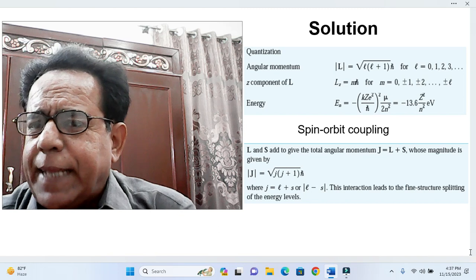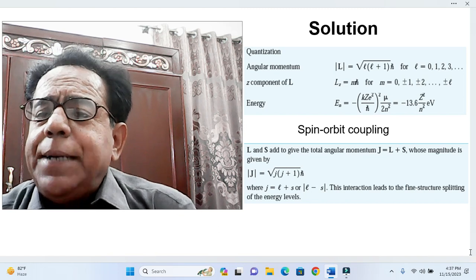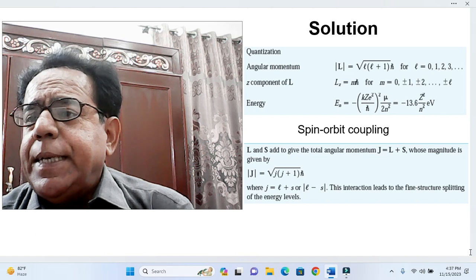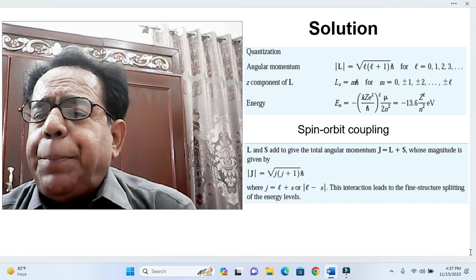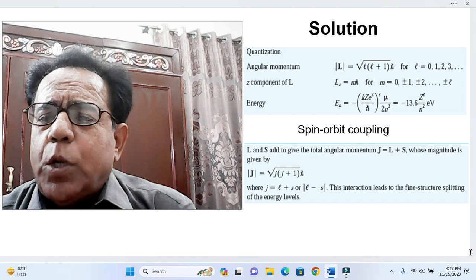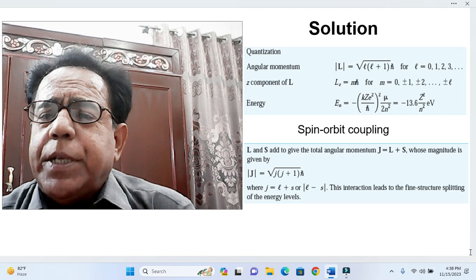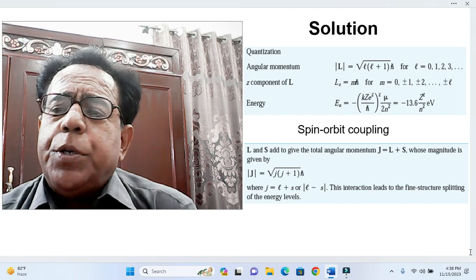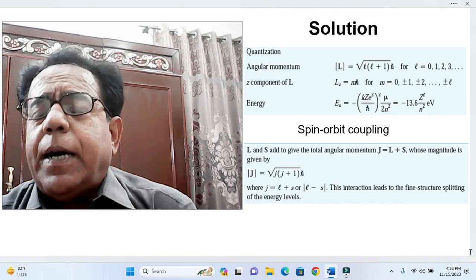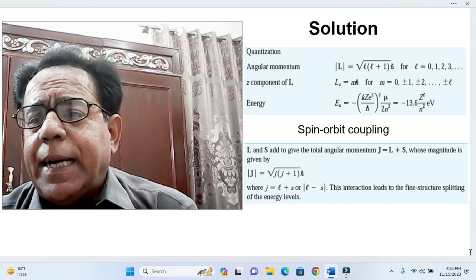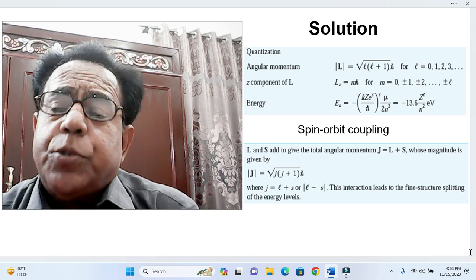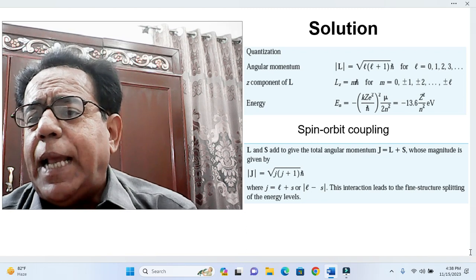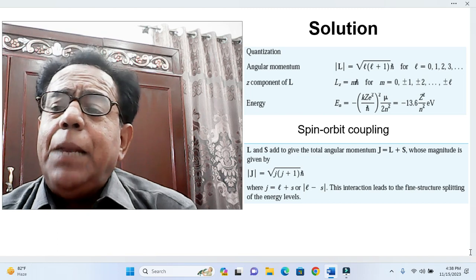This snapshot says that L and S add to give the total angular momentum capital J equal to capital L plus capital S, where the magnitude of J is equal to the square root of small j into small j plus 1, into h bar, where h bar is Planck's constant divided by 2 pi, and small j is equal to small l plus s or the absolute value of small l minus s.